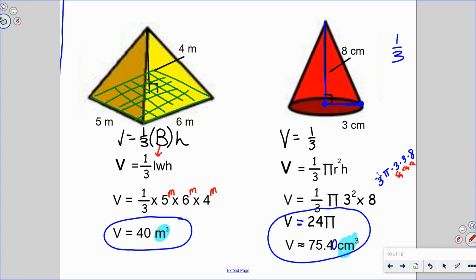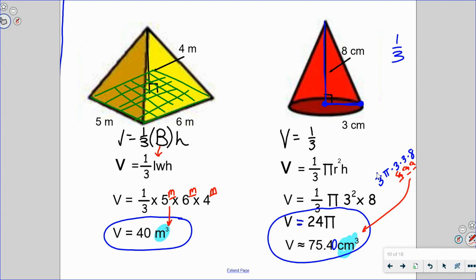So not only do you take care of the numbers, 3 times 3 times 8 times a third, you also can say centimeters times centimeters is square centimeters, times another centimeters gives us cubic centimeters. Same thing here. Meters times meters times meters should be cubic meters. Just know that you're looking for how many cubes of ice fit in that freezer, how many cubes of rock build that pyramid, how many cubes of ice cream will fit inside that cone.